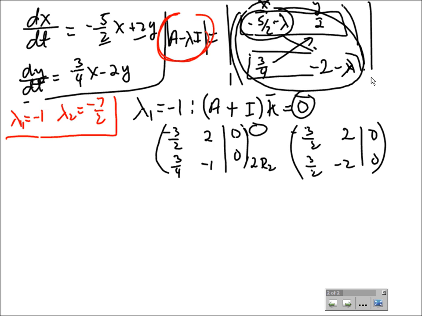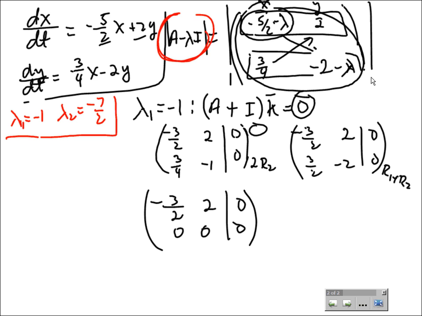If you add row 1 and row 2, you get all zeros.